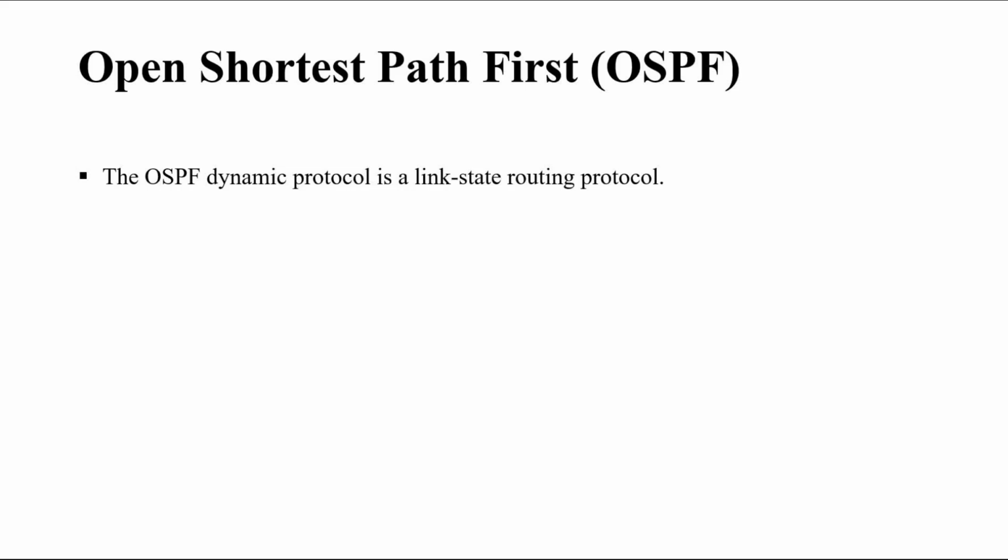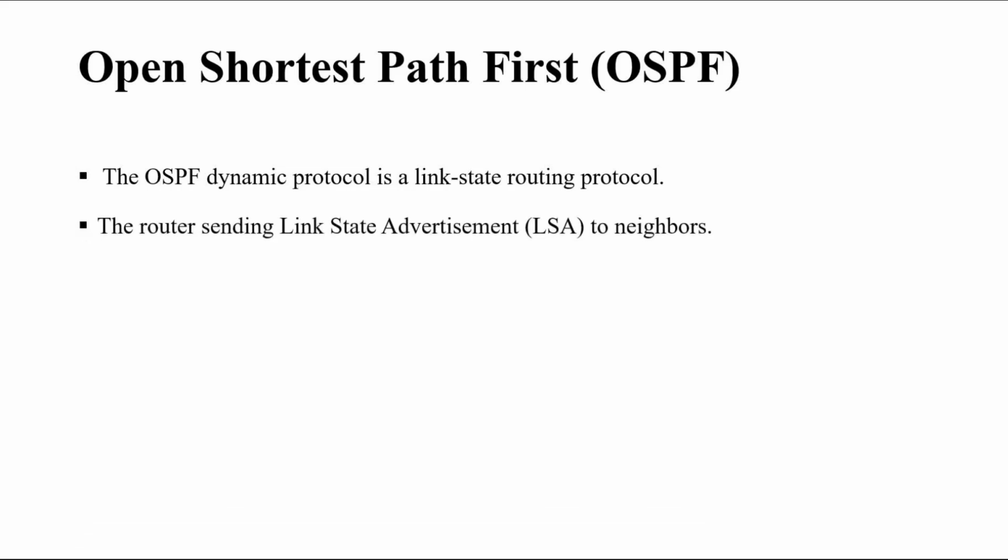So we can use many more hops at the same time, but using more hops has its own negative effects. The main purpose of OSPF is to solve the problems of EIGRP and RIP.